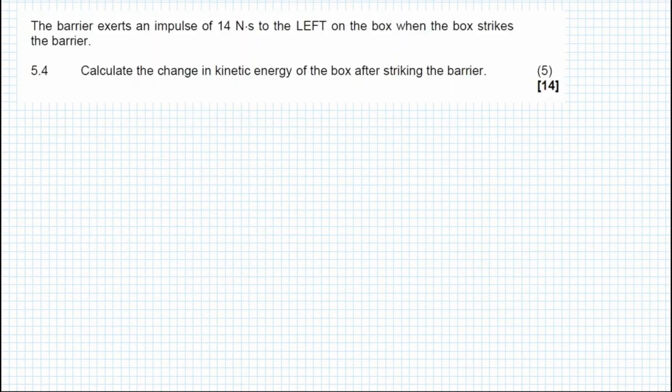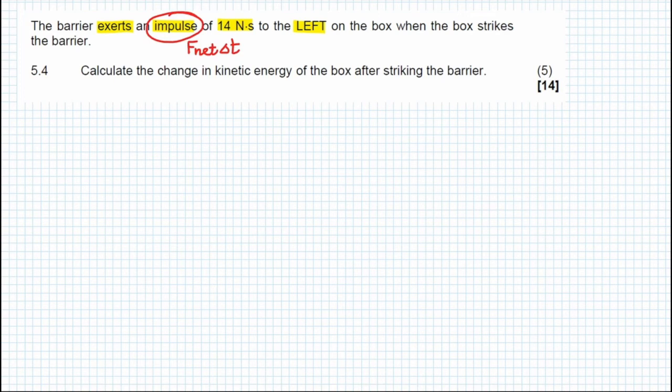We now move on to the very last problem in this video, which starts off with new information. They say the barrier exerts an impulse of 14 Newton seconds to the left on the box when the box strikes the barrier, which means it hits the barrier. Impulse is the net force multiplied by the change in time, or the time itself.